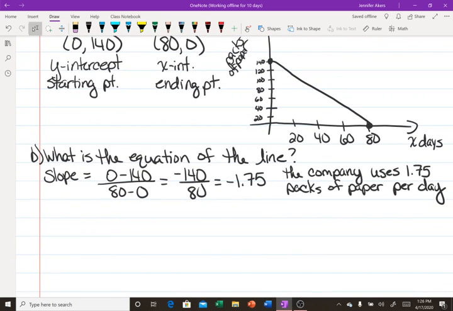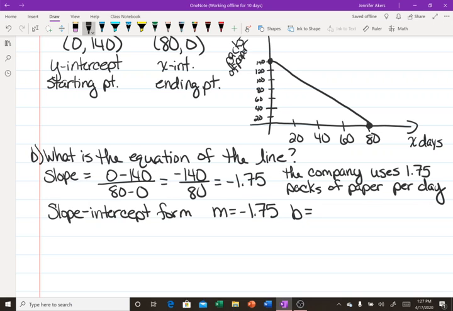I can use point slope form or I can use slope intercept form. It's really up to you. To do something a little different than we did in the last example, I'm going to use slope intercept form. We know our m is negative 1.75.